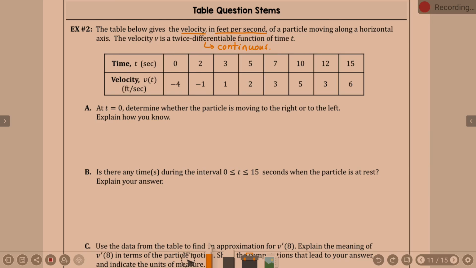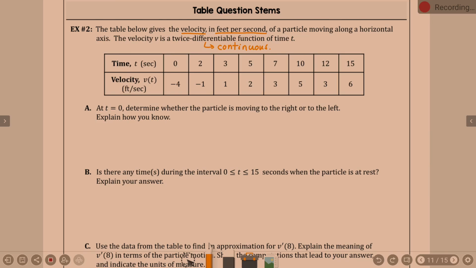So, okay. They give me time and velocity. At t equals 0, determine whether the particle is moving to the right or to the left, and explain how you know. So the left, velocity is less than 0. Pretty obvious there.